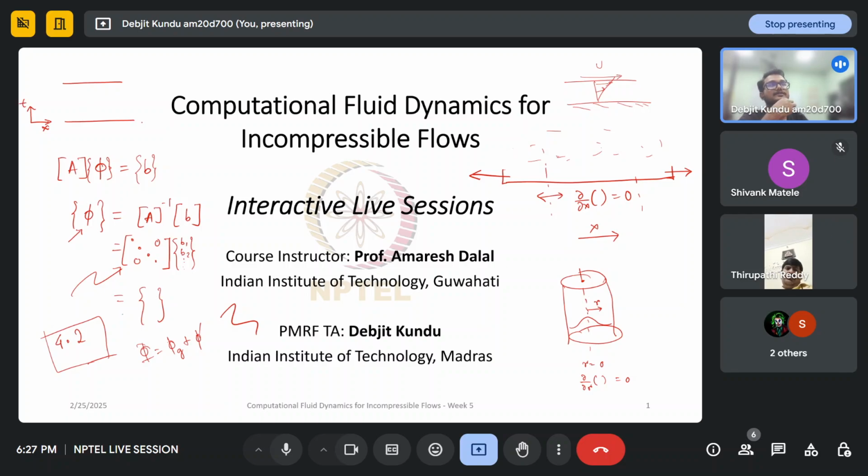At a certain t, let's say at t equal to 1 second, my time step number is n, and the next one, at t equal to 2 seconds, where the time step delta t is 1 second each, will be n plus 1. And the corresponding phi over here will have superscripts corresponding to that.